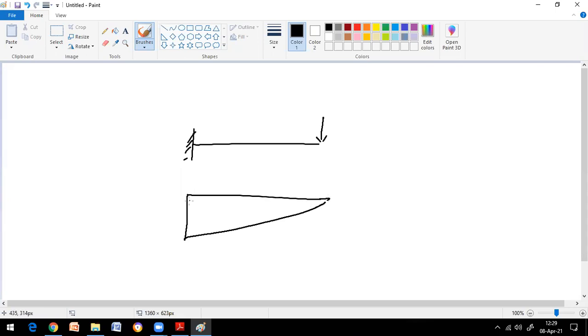As there is more resistance at the support, there will be more bend moment there. As this is W, you have W into L at the support.